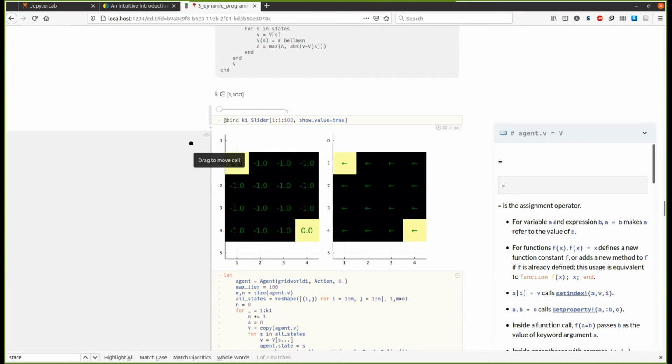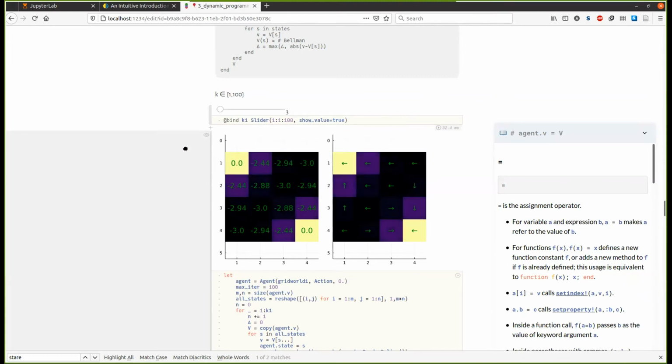At the next step, we have a better estimate of this value function, and here you can see that there is some difference. As we go further, our estimates keep improving.